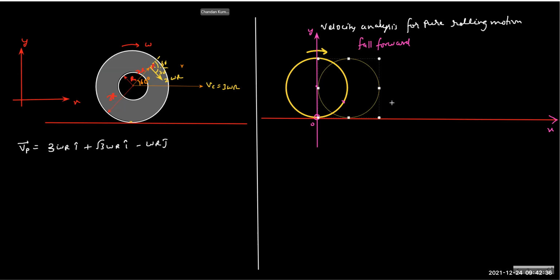So let's say the ring has moved from there to there. So the new bottom, the old bottom. Let's say the old bottom is here. You can see the old bottom.